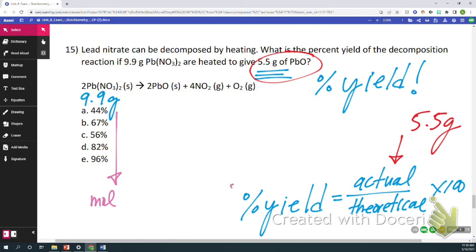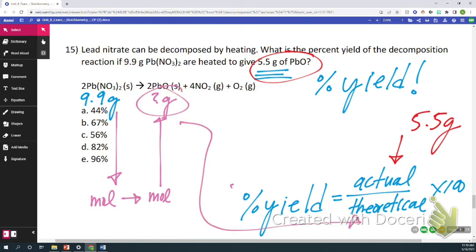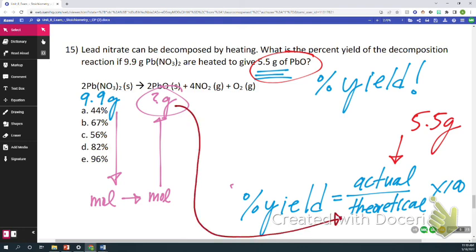And they're talking about this, right? So use that to go mole ratio train, and go back to grams. And then whatever you get here, that's the theoretical. Okay? What you get here is the theoretical.